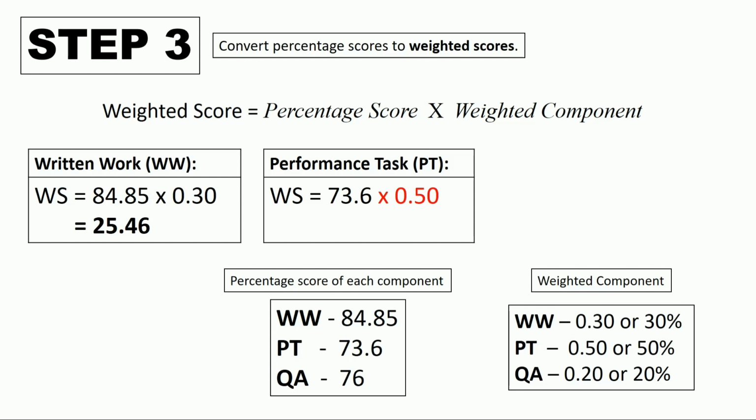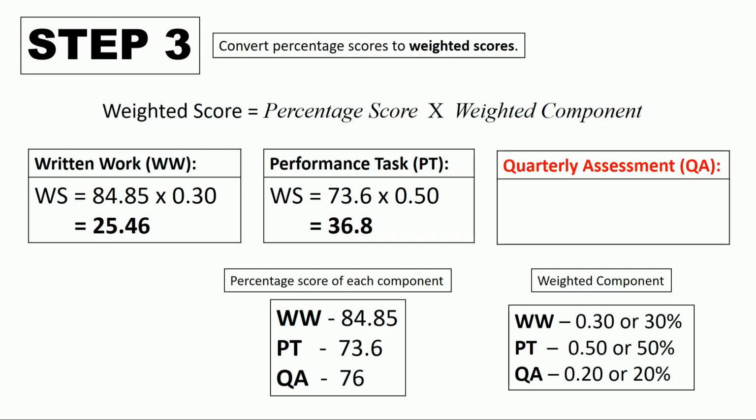We have 36.8. Lastly, the quarterly assessment. Weighted score is equal to 76 times 20% is equal to 15.2. So that is the process on how we can convert percentage score into weighted score.